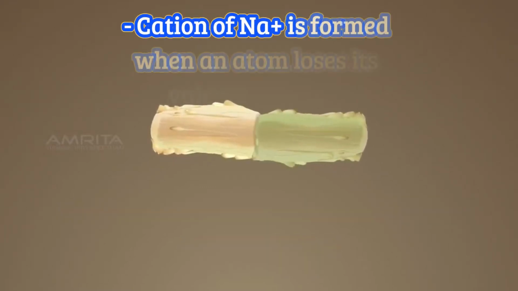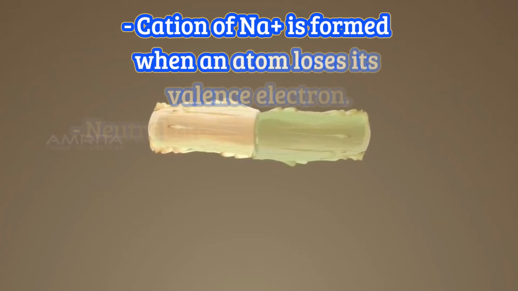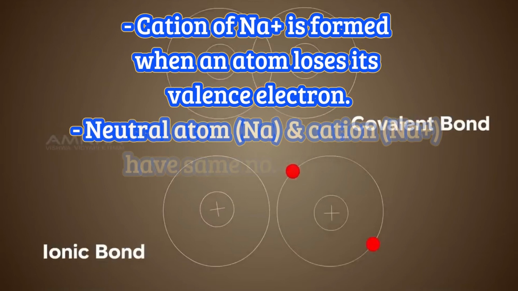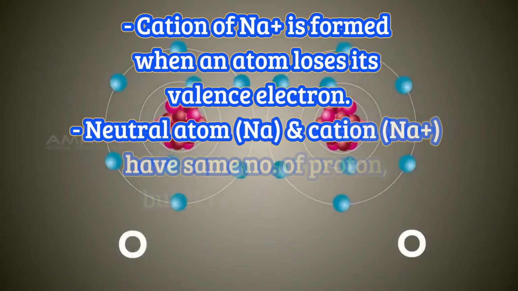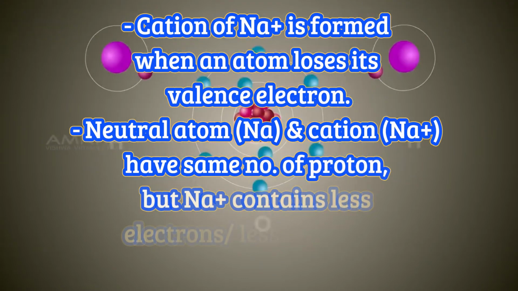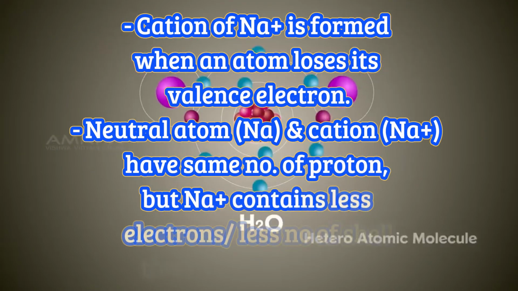First, we need to write the notation for both the neutral atom and the cation. Second, the cation Na plus is formed when an atom loses its valence electron, so we need to explain how Na plus is formed.